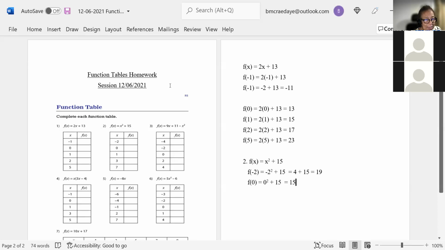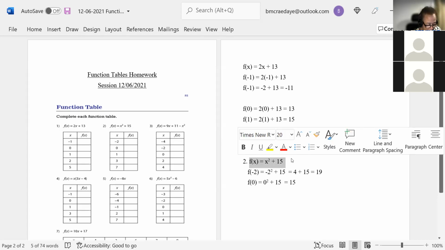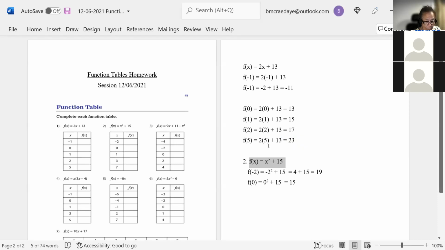That's correct. Now, let's go to number 3. Number 3 is f of x equal 9x plus 11 minus x squared. So let me just copy this. This is number 3. Copy that.